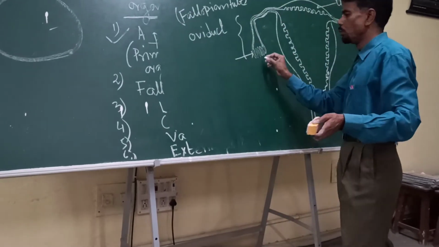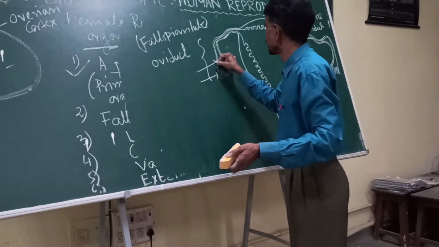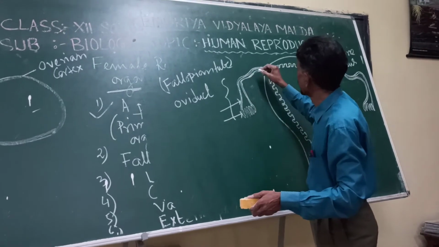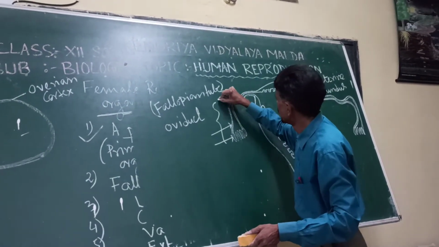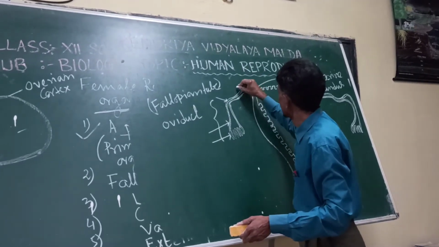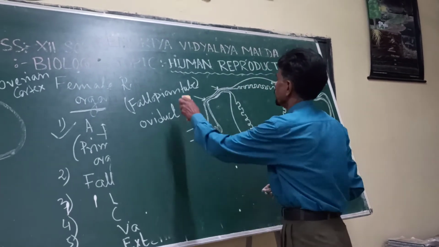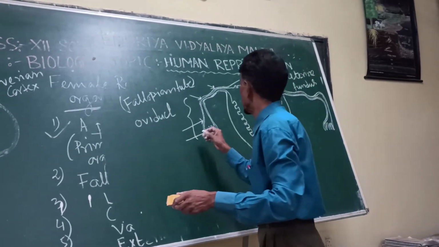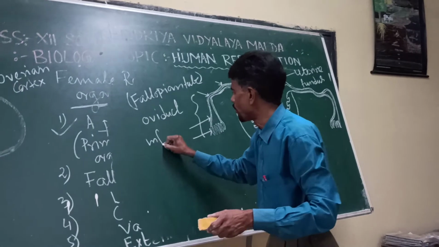This fallopian tube is having this part, then another one, this part, and this part. This is what we call the infundibulum. This part, infundibulum.